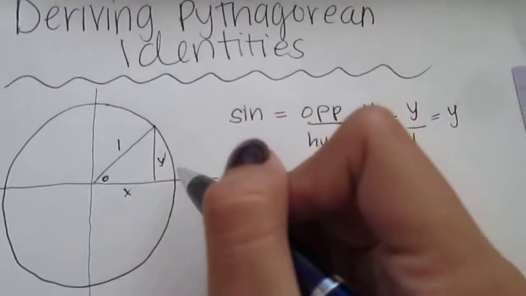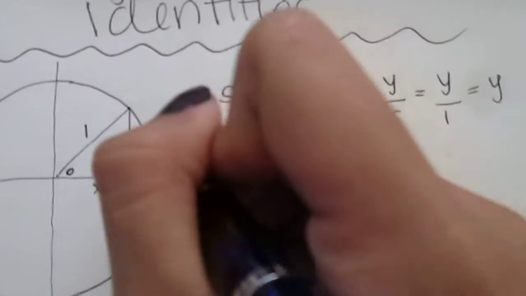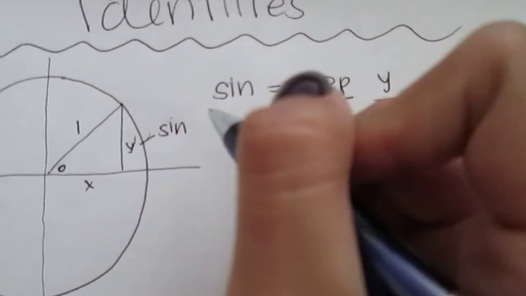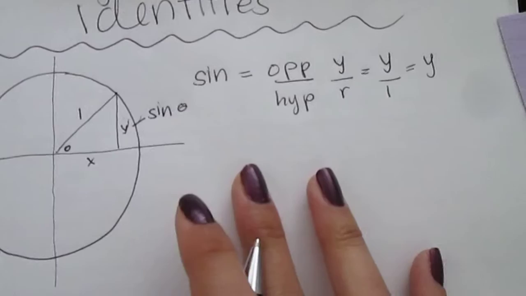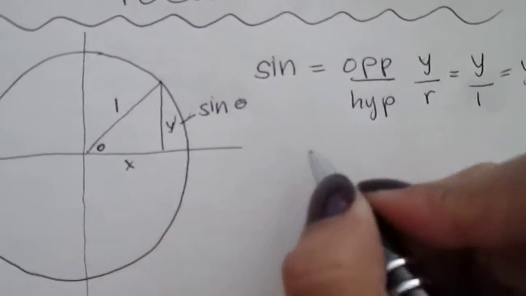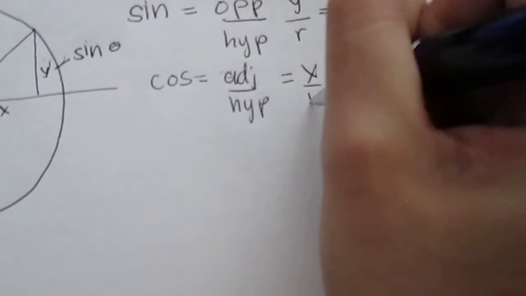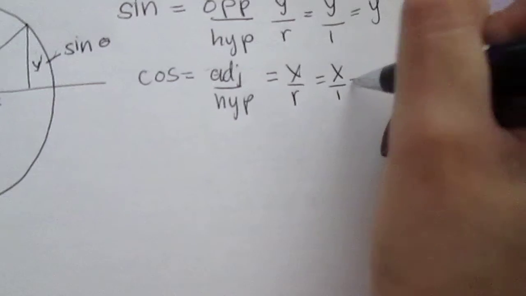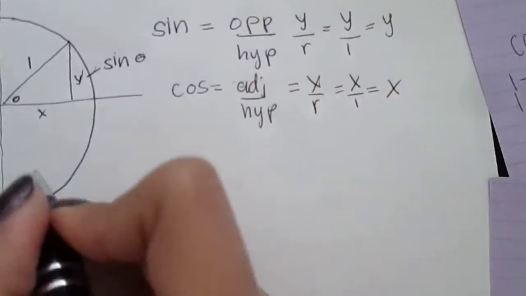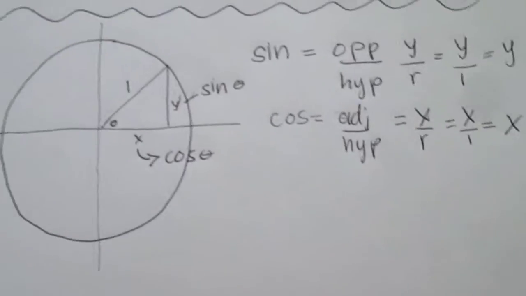So we can say that this right here is sine of theta. And the same thing with x. Cosine is adjacent over hypotenuse, the same thing as x over r, the same thing as x over 1, so we can just call it x. And that we can say is cosine.